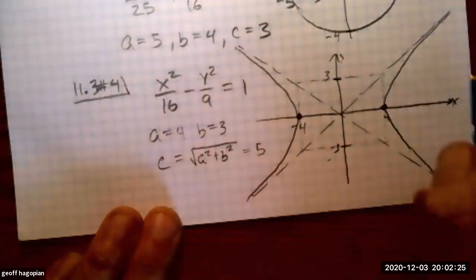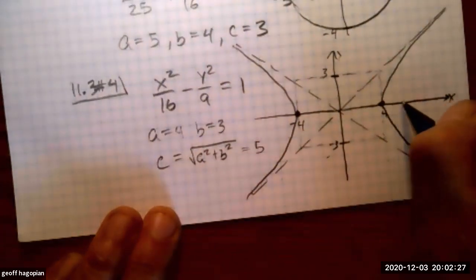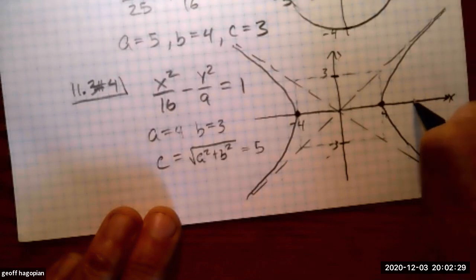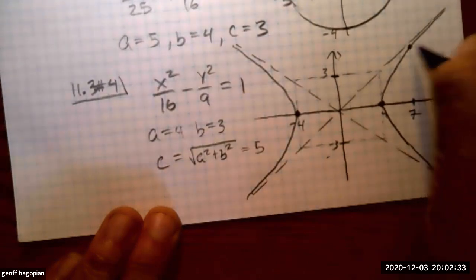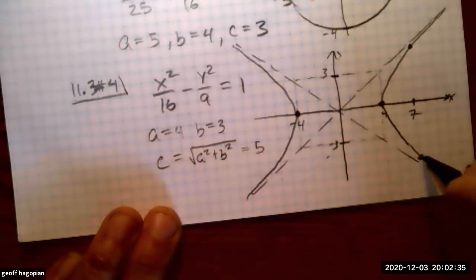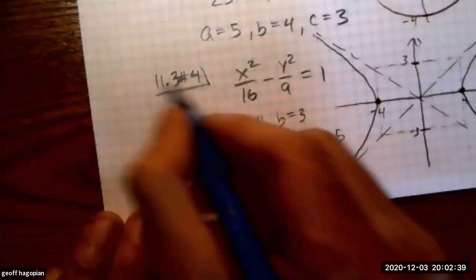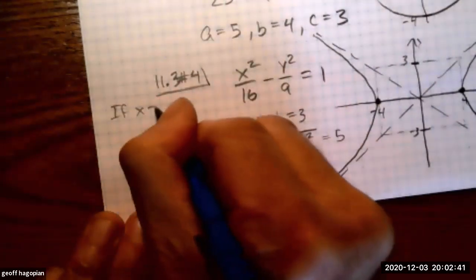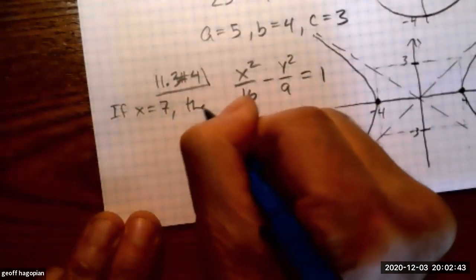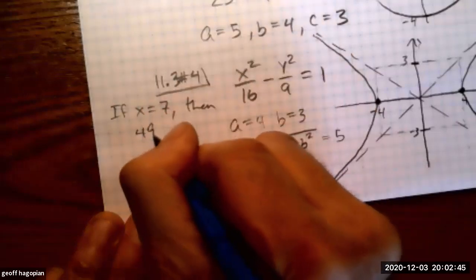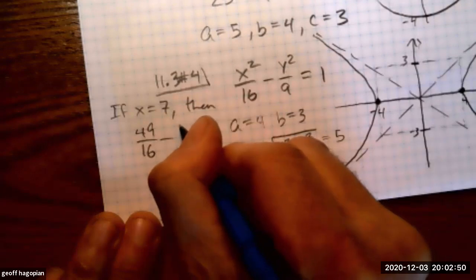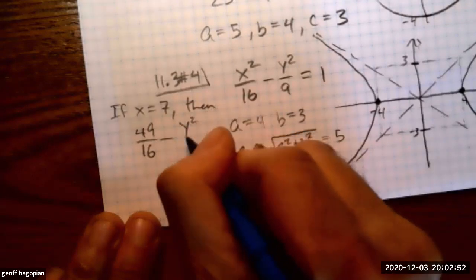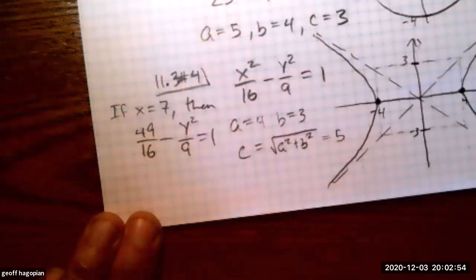So can we compute some points on the hyperbola? Here's 4, 5, 6, 7. Let's say if x is 7, then what are the points on the hyperbola? Well, we can plug into the equation. If x equals 7, then the equation becomes 49 over 16 minus y squared over 9 equals 1.